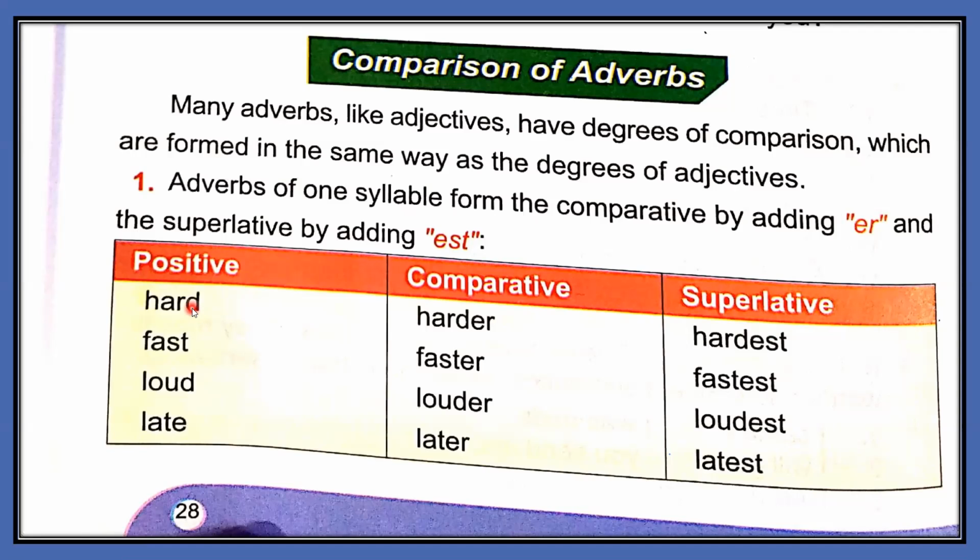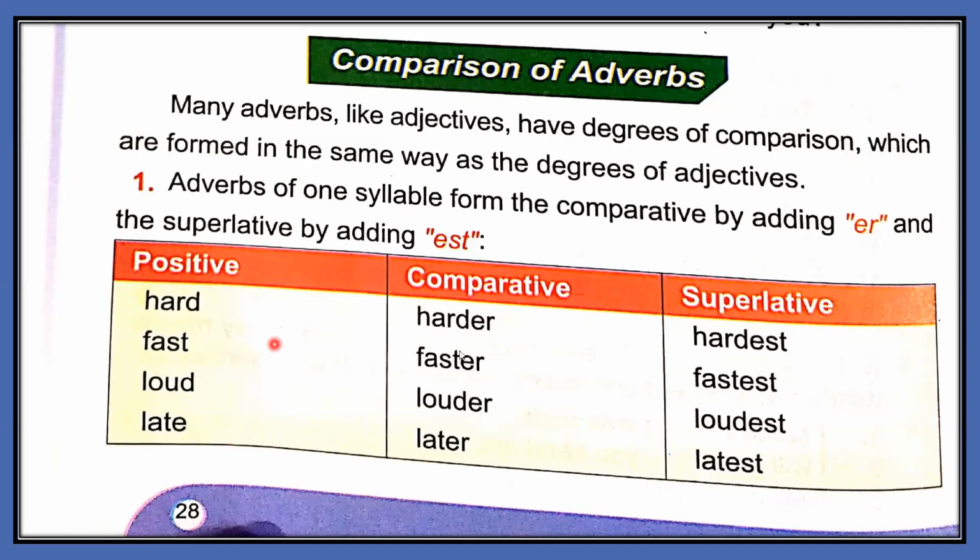Hard we use in a simple sentence, it is a hard task. But we will say this task is harder than the other, because comparative means when two things are compared, and superlative means the thing which is compared with more than one. Like, it is the hardest task I ever saw.